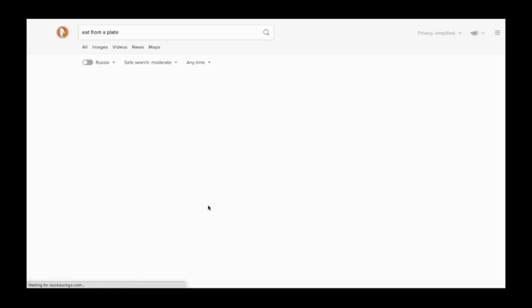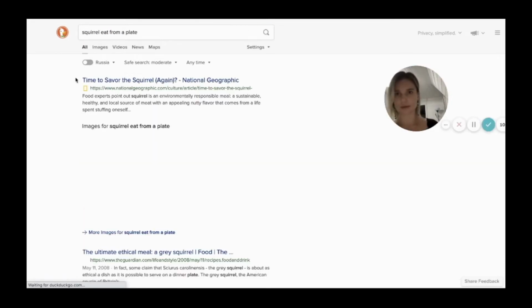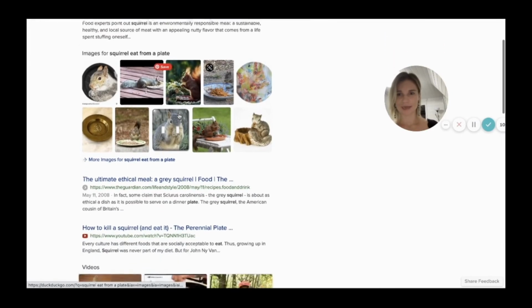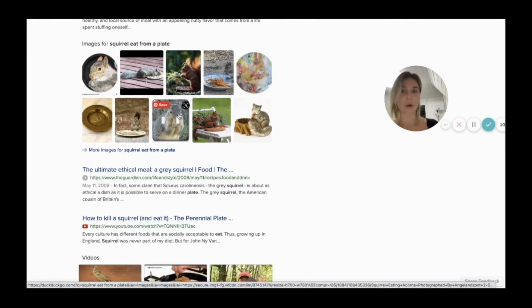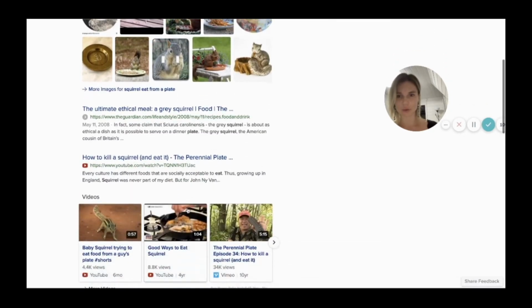Let's see if this is what native speakers actually say, and maybe let's add a squirrel because we want to let Google know that we're looking for an animal eating from a plate or whatever. How to kill a squirrel, how horrible, and eat it. Oh my God. But what I usually do is I just Google my own ideas and I try to find better wording.